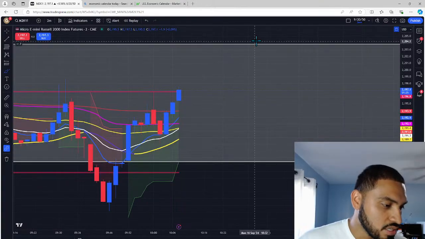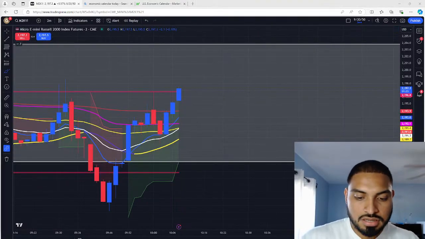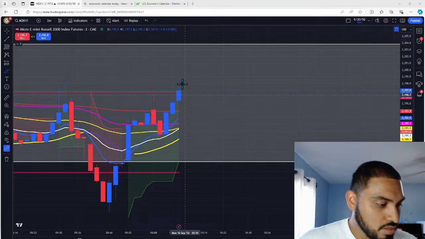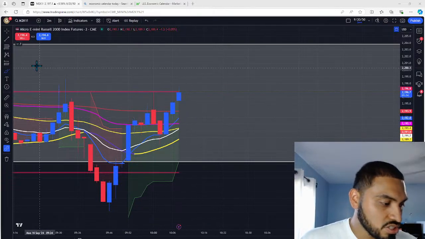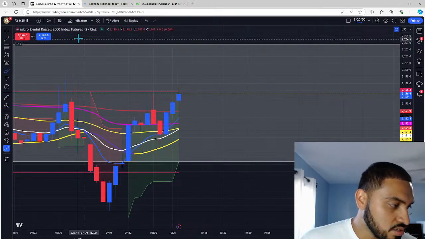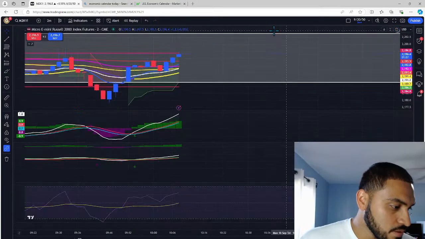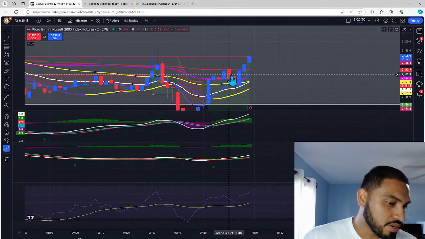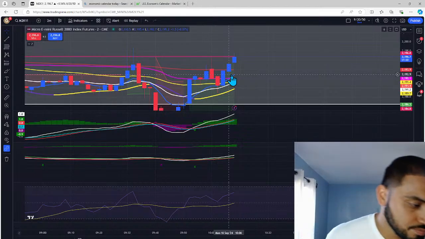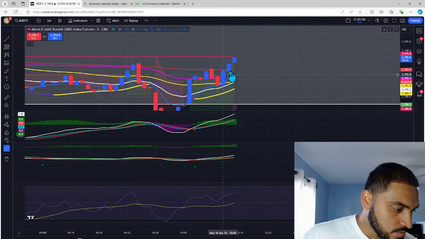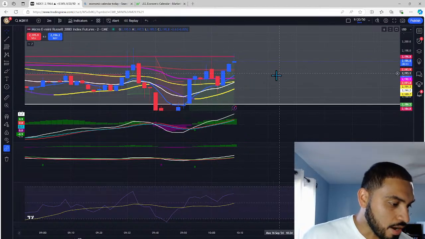Let's go on the 2 minute. Okay, so indicators are flipping bullish on the 5. We go on the 2 minute here, and we are bullish. Okay, we're going to keep on watching it to see if it breaks or if it comes back down.